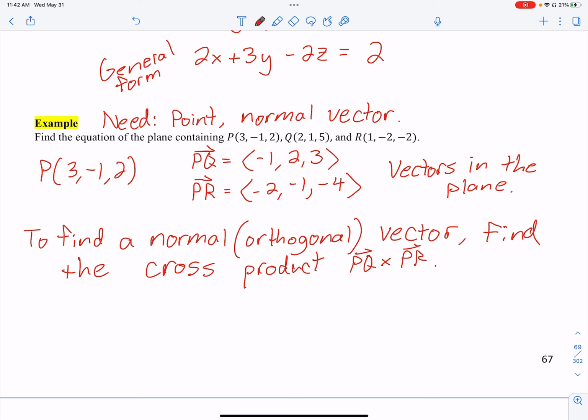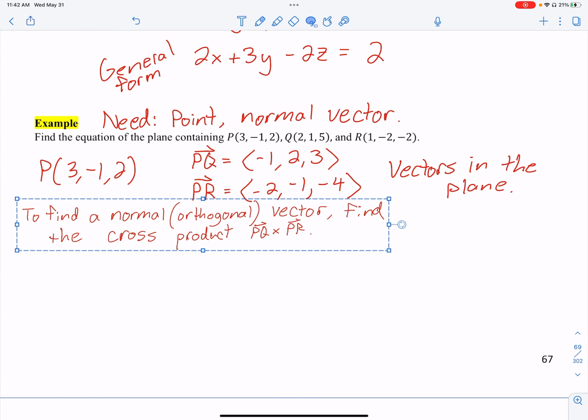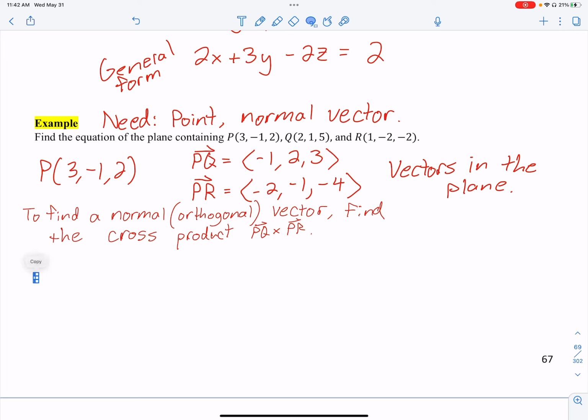All right, so let's do that. I'm going to shrink that line up because I'm going to need the space. All right, so we're going to cross those two. PQ crossed with PR. My determinant i, j, k. And then we got -1, 2, 3.